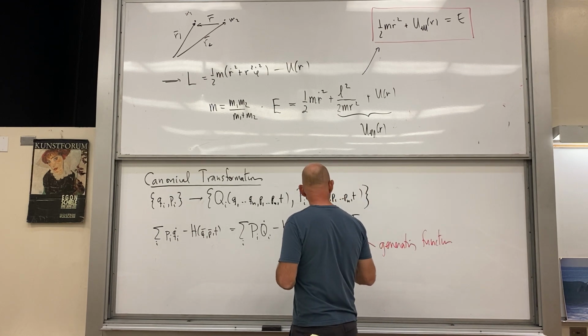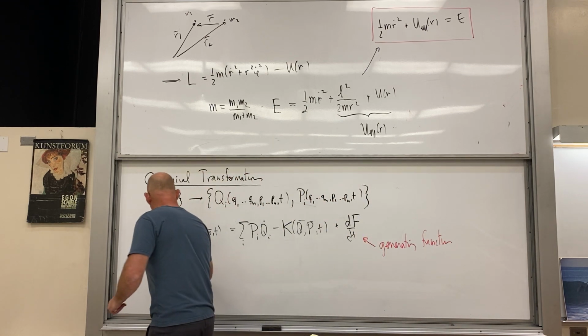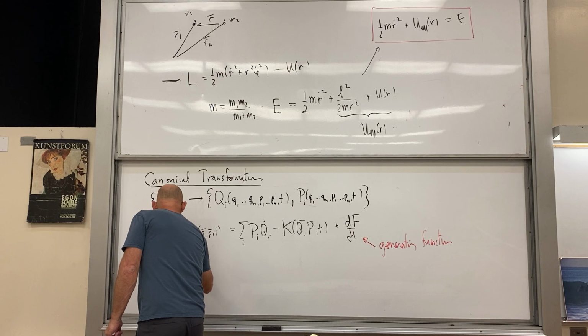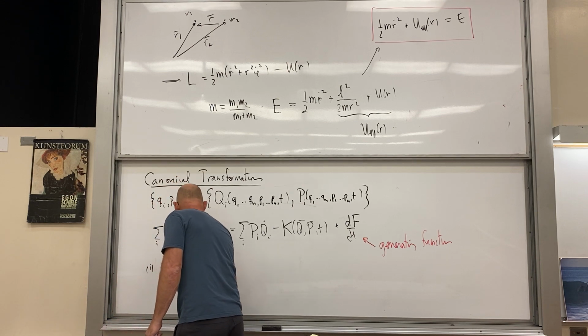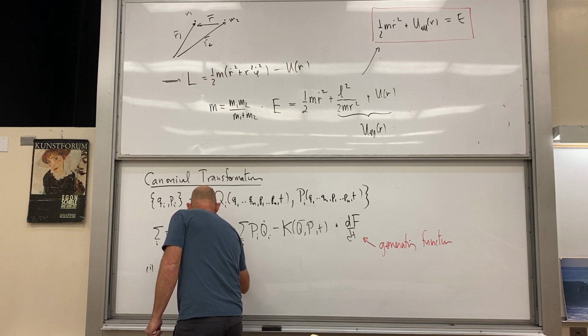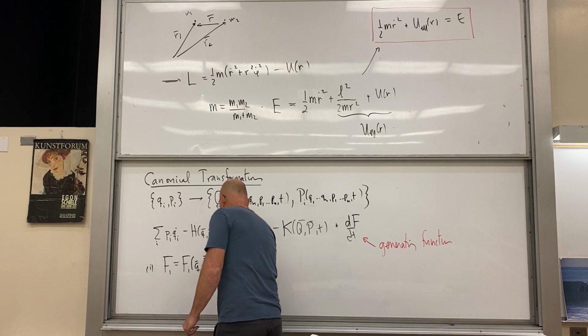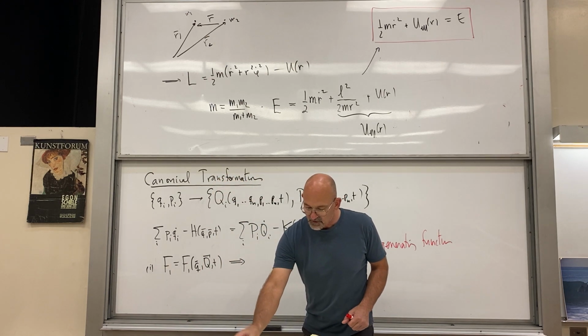And I'll just write down the two types that we're going to use. So for F1 equals F1 of q, old coordinates, Q, new coordinates, and time, then we had the conditions.